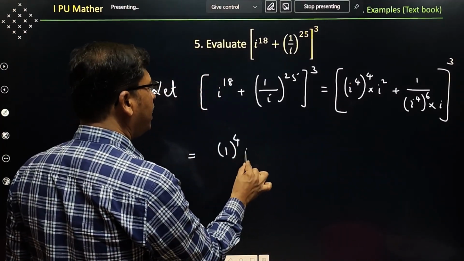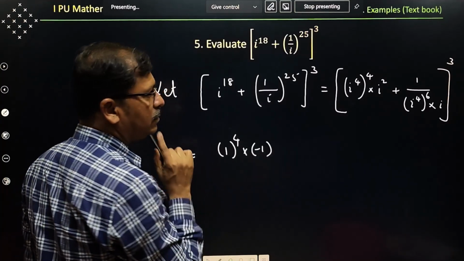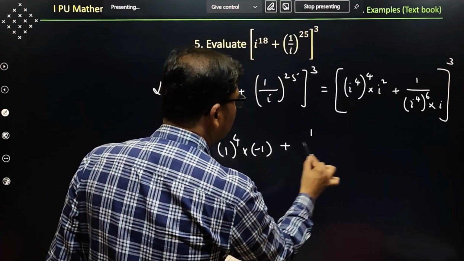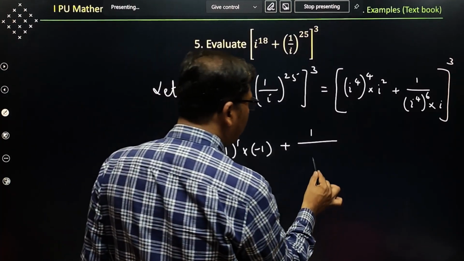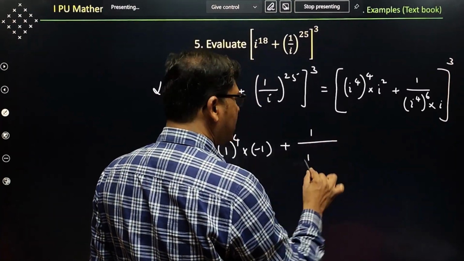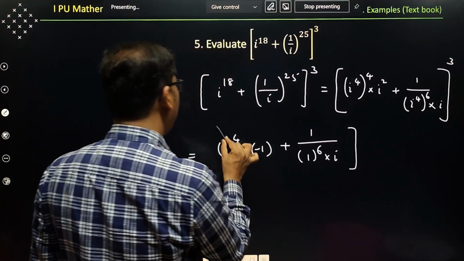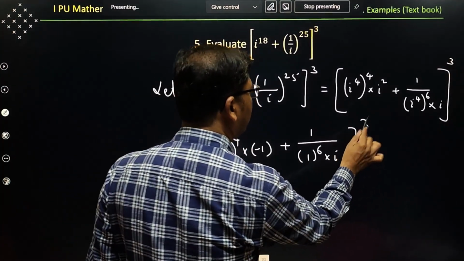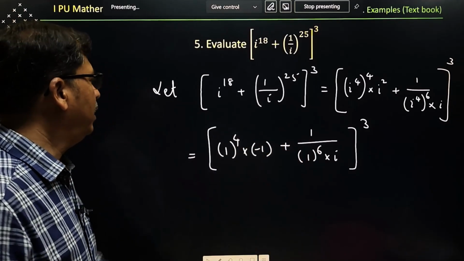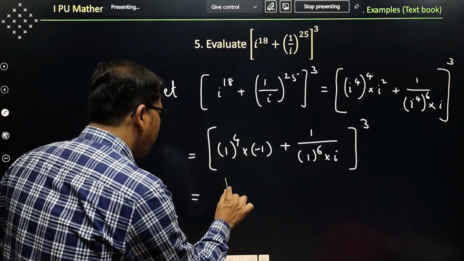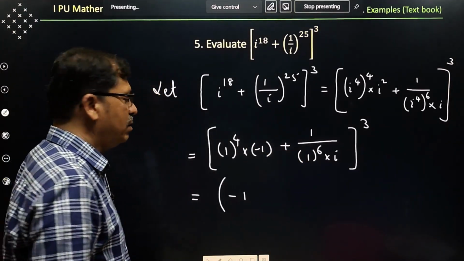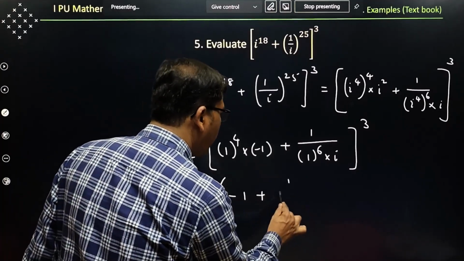See, this is equal to i to the power 4 value 1, 1 to the power 4, i squared value is minus 1, plus 1 over i to the power 4 is 1 to the power 6, into i, simply i, you write as a whole to the power 3.